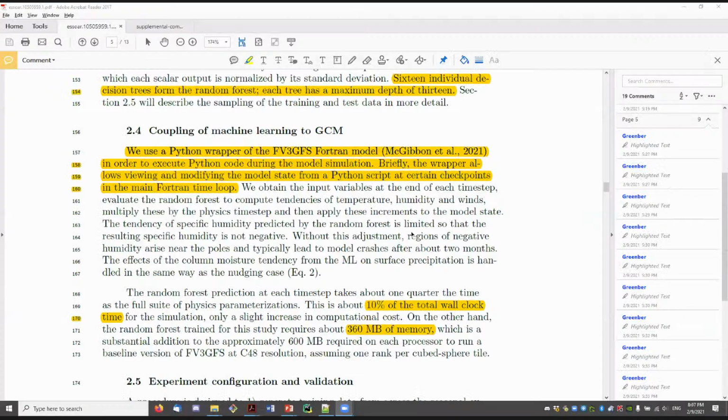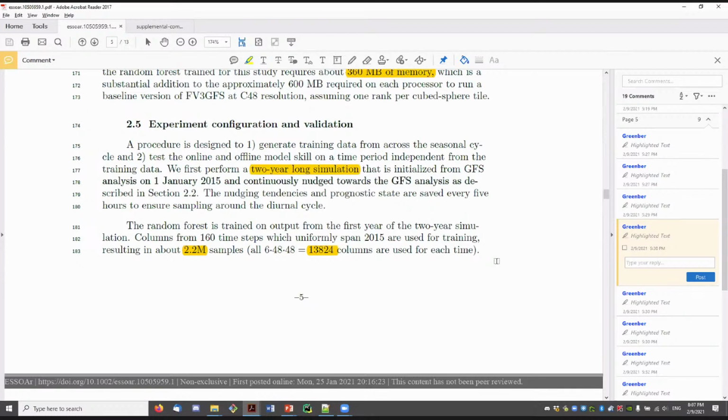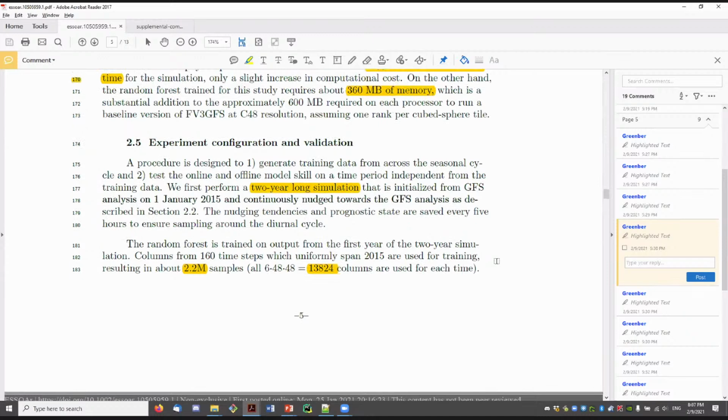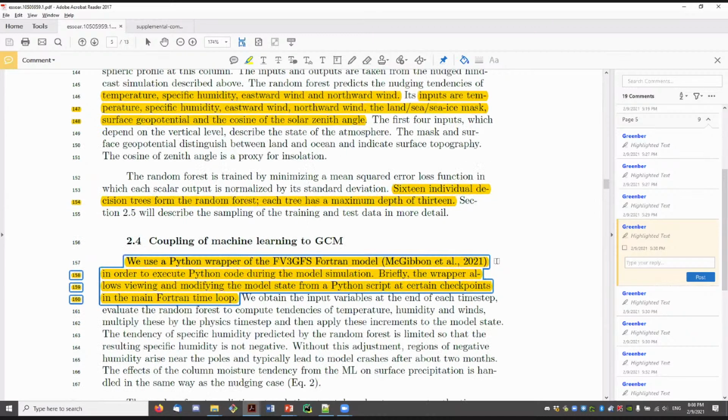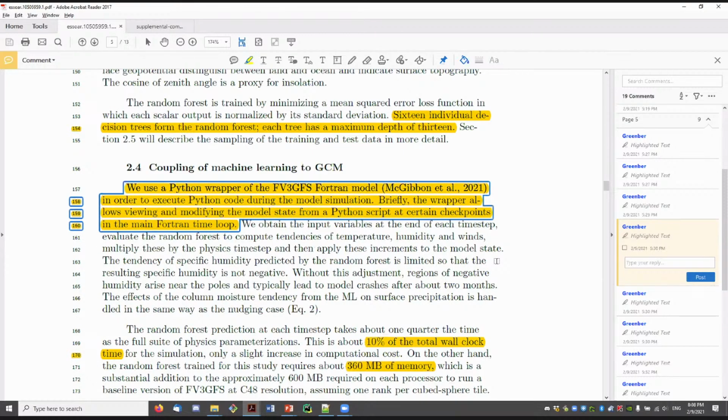Okay, so when they do the nudging, they're nudging to the observational analysis, which is on all the vertical levels. When they evaluate the performance, they use the nudged simulation as ground truth, which is kind of a somewhat questionable thing, again, because of the 6-hour time delay. For everything except precipitation.